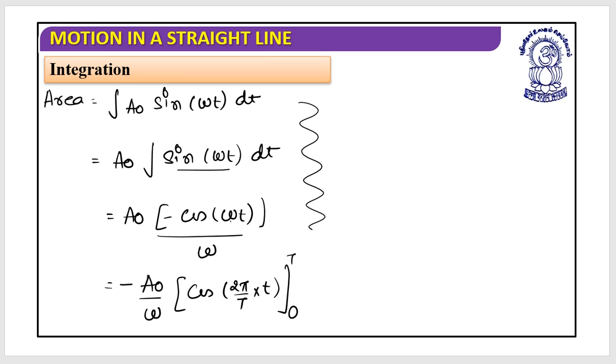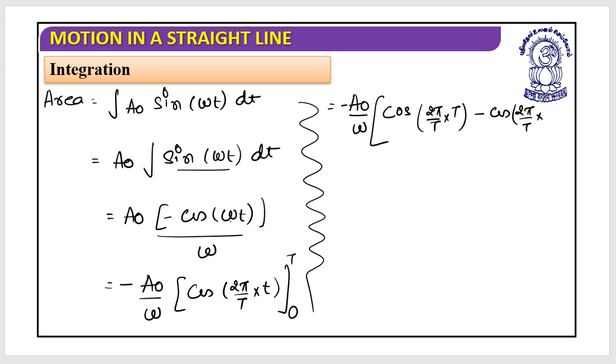So if I do this, it should look like minus a naught by omega into bracket cos of 2 pi by capital T into t, minus cos of 2 pi by t into 0, and bracket close. This is minus a naught by omega into bracket, this t would cancel, so the remaining terms would be cos of 2 pi minus cos of 0 degree.